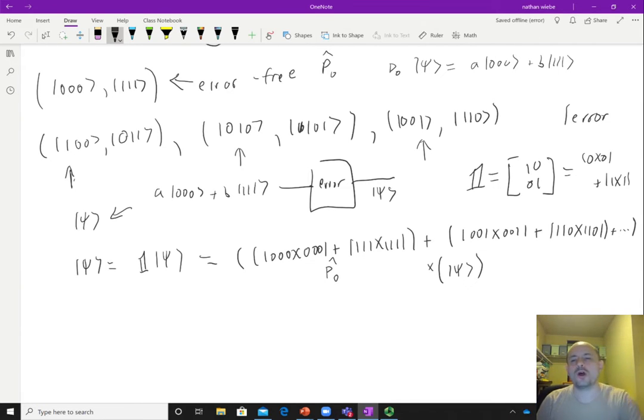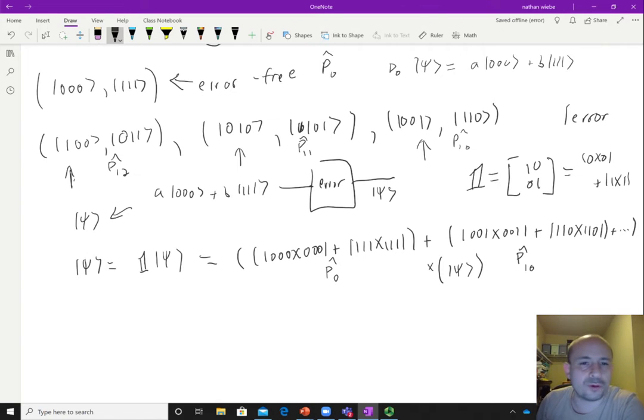Okay, so that is that one. Now we've got a whole bunch of errors over here. I'm going to call this projector over here P10, and similarly to how this was associated with this class, P10 will be associated with this one, the projector P11 will be associated with this one, and P12 will project onto that error.